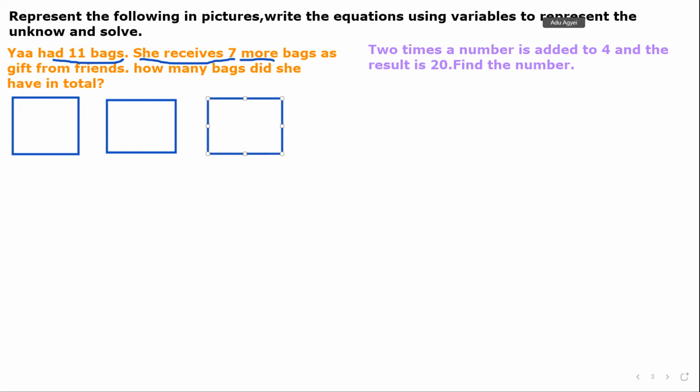Okay, good. Now let me draw, say, Ya had 11 bags. So let me draw the bags for 1, 3, 4.